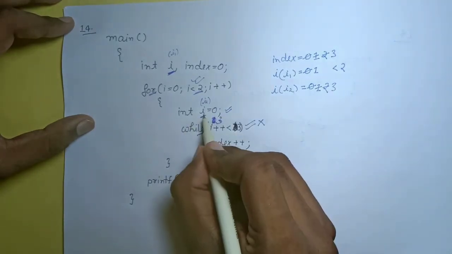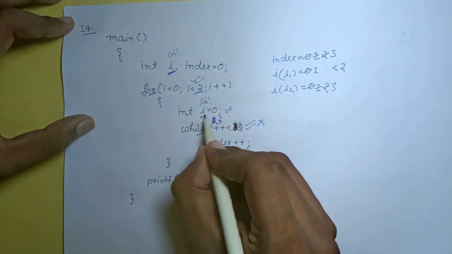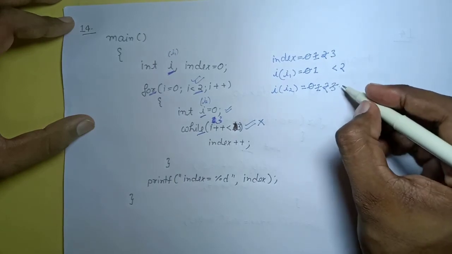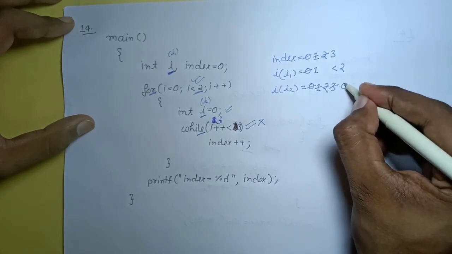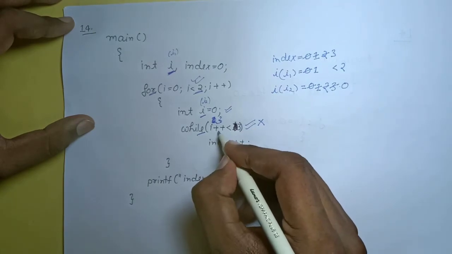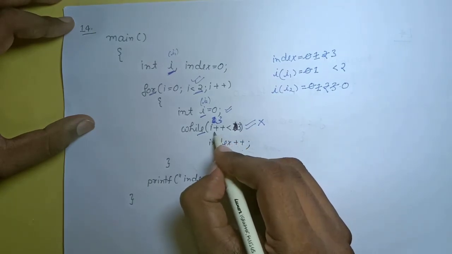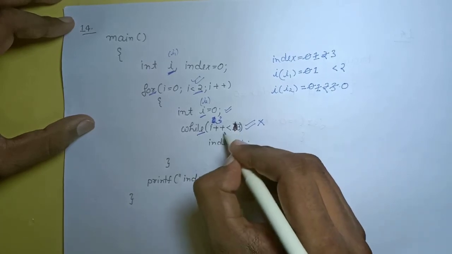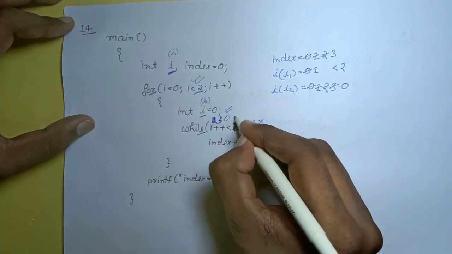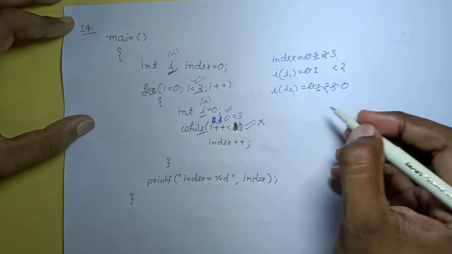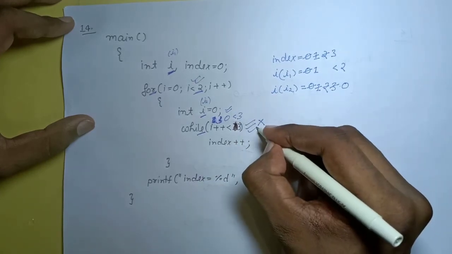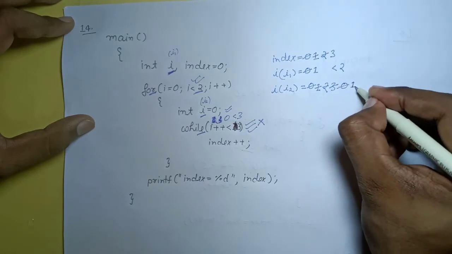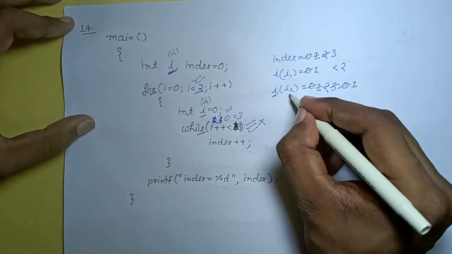As we can see, we are initializing the value of I again to 0, so the 3 is banished and 0 will be stored. We again come to this inner loop, which checks I++ less than 3, which means 0 is less than 3, the condition is true, and the I value becomes 1.